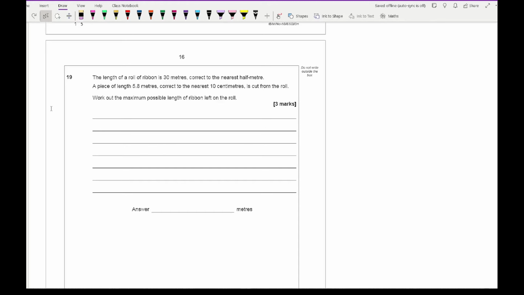Now for this, what you need is to have the biggest roll that we could have, which is going to be 30, and then we've got the nearest half meter. So nearest half meter is going to be 0.5. Divide that by 2, and that's going to give me 30 plus 0.25.